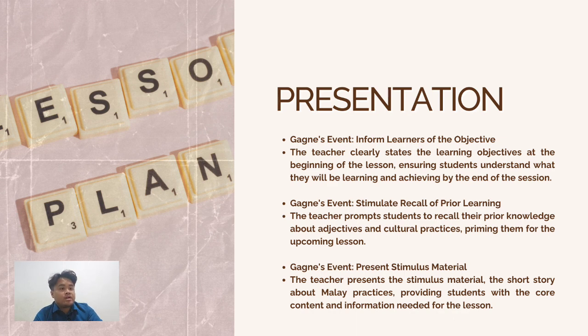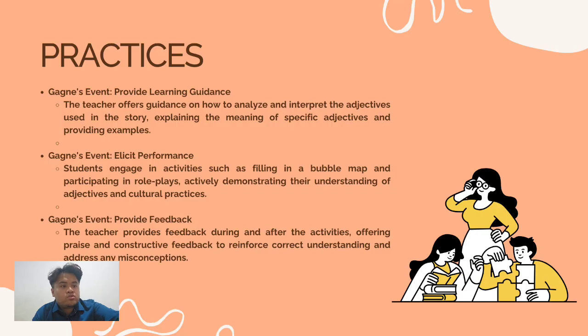Then, I present the stimulus material, the short story about Malay practices, providing students with essential content. This corresponds to Gagne's event of present stimulus material. Now moving on to the practice phase, there are 3 Gagne's events.